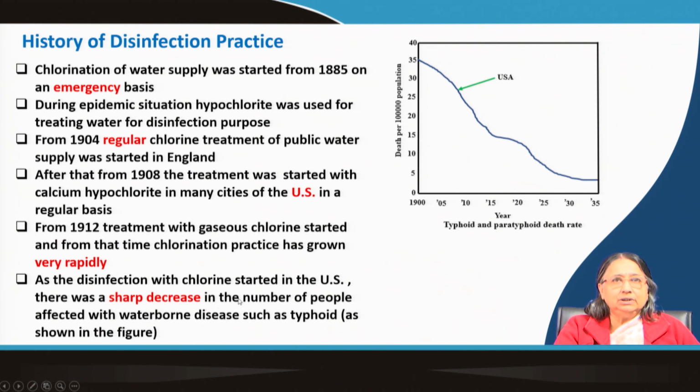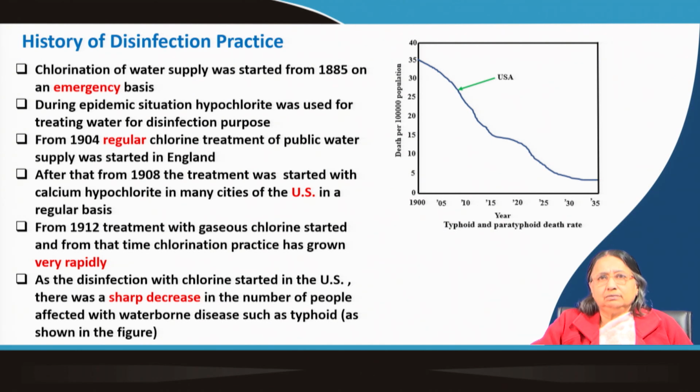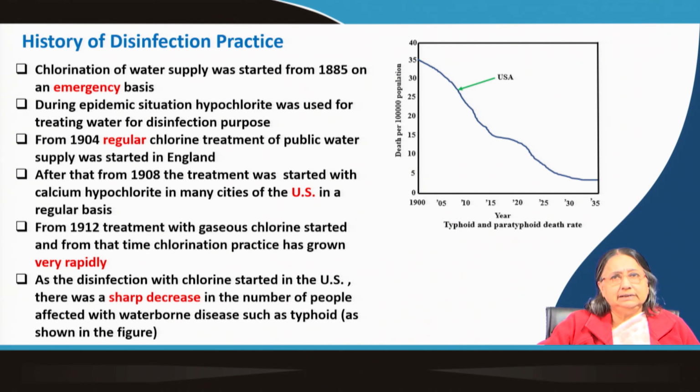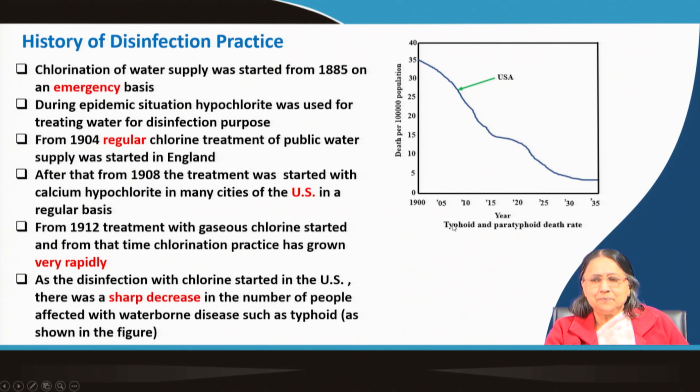As disinfection with chlorine started in the US, there was a sharp decrease in the number of people affected with waterborne disease such as typhoid, as shown in the figure. Typhoid is a waterborne disease. Some microorganisms causing this disease are carried in the water. So, if you disinfect the water, then those microorganisms will be killed, and then the water will be safe. So, you can see that slowly the chlorination process was taken up.